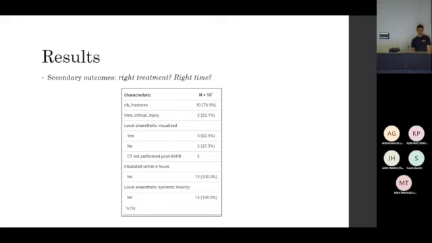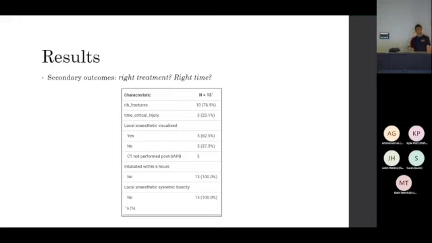Then we wanted to know whether it was technically successful, in that there was fluid in the serratus anterior plane as identified by our radiologists, and that was 62.5%, so more than 50%. Then we looked to see if there were any complications from the use of this block.